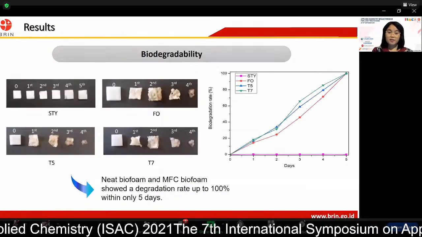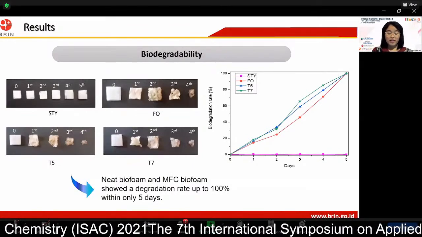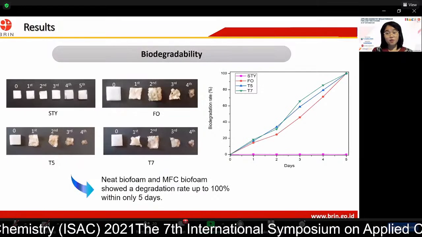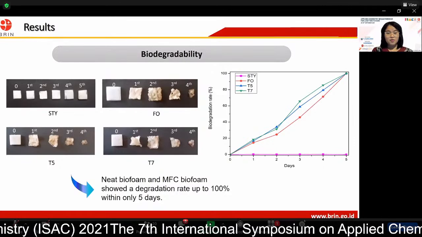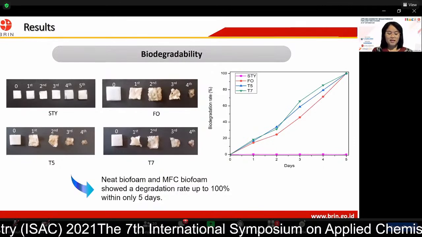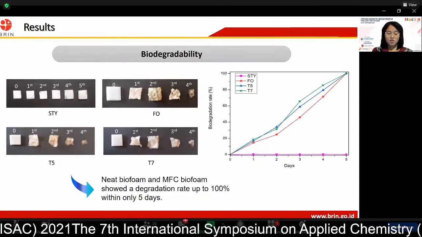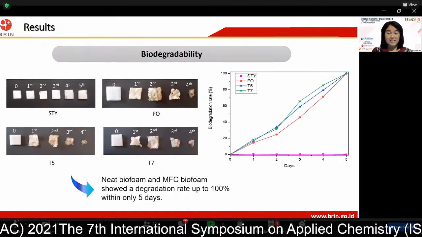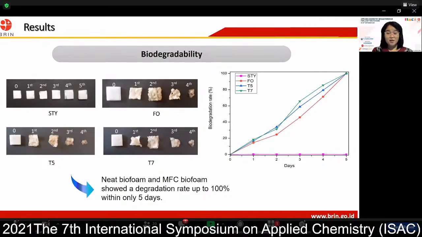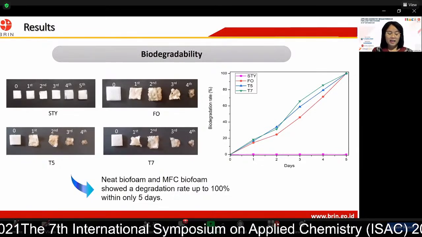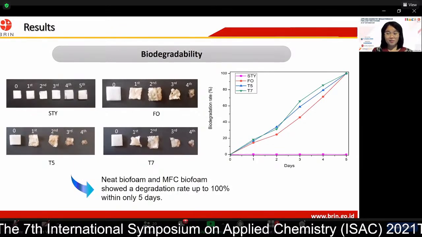So the next one is the biodegradability. The degradation test was carried out by burying the biofoam composite in the soil for several days. From this photograph, you can see that the biofoam started to degrade since day one and completely degraded, from this graph, after only 5 days, which is a very short time.